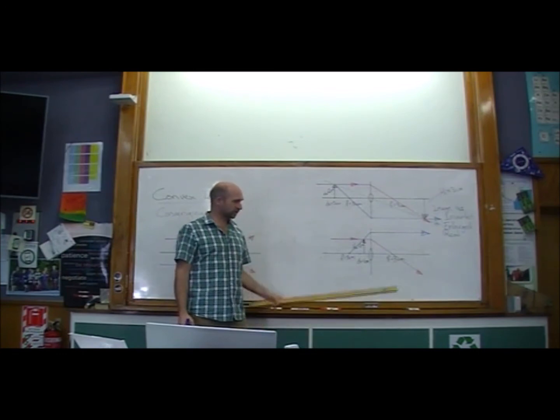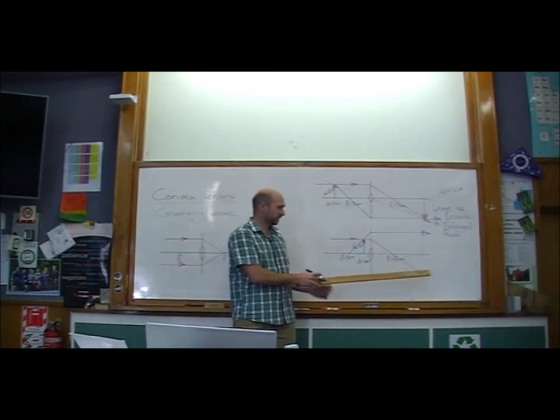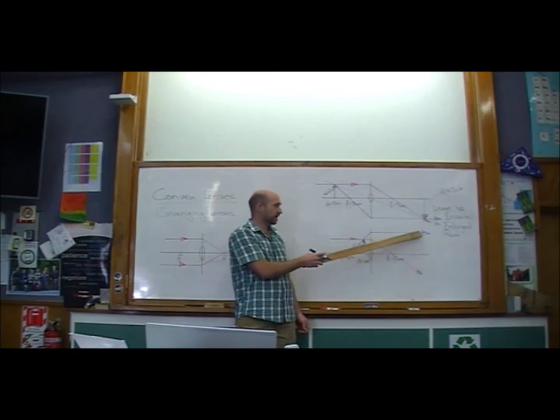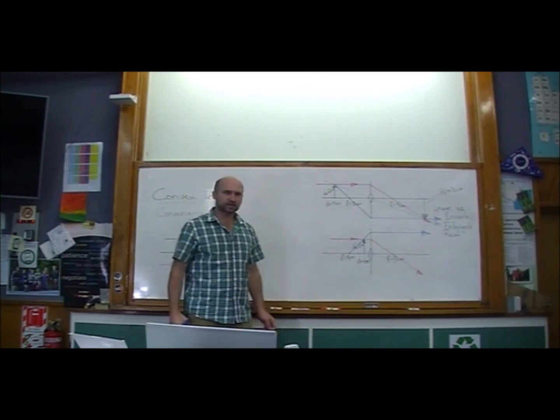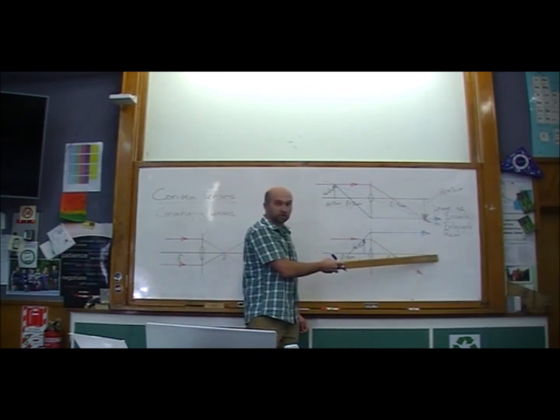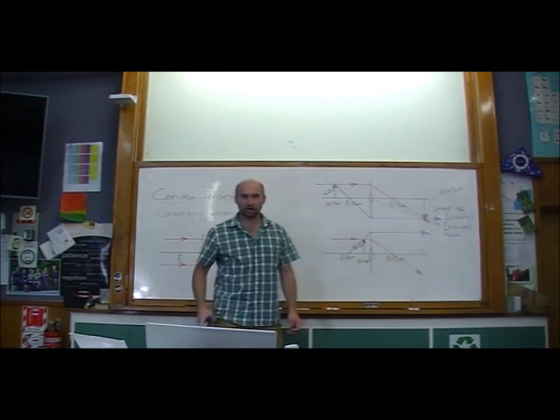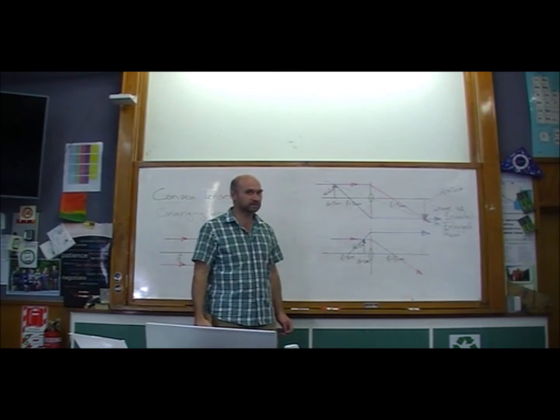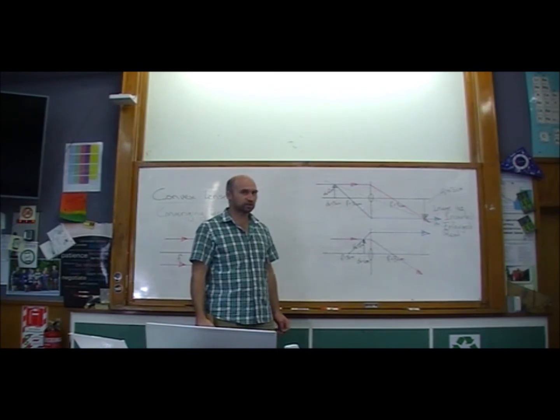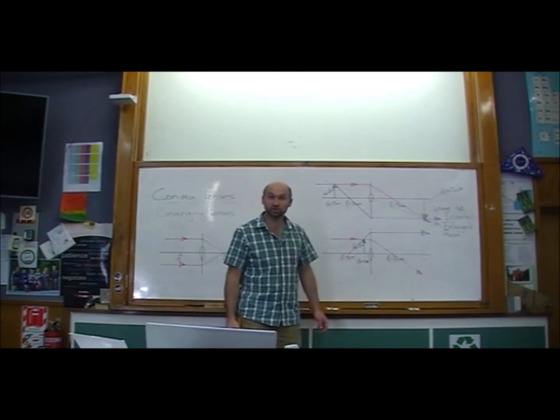And just looking at it, we can see that the in parallel out through focus ray and the in through focus, out parallel ray are moving such that they are never going to meet on the real side of the lens. However, if we put our eye here, our eye doesn't see that those rays bend as they pass through the lens. It just thinks they travel in straight lines.